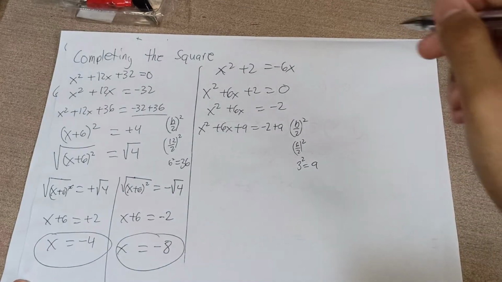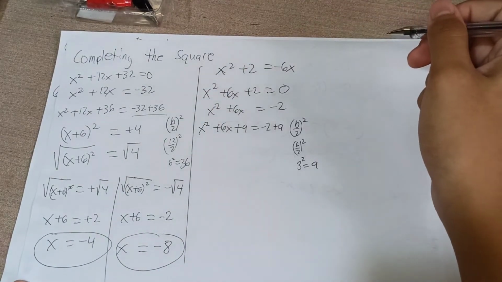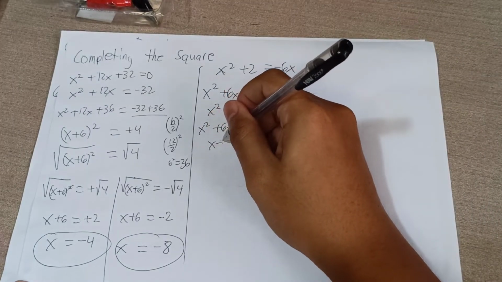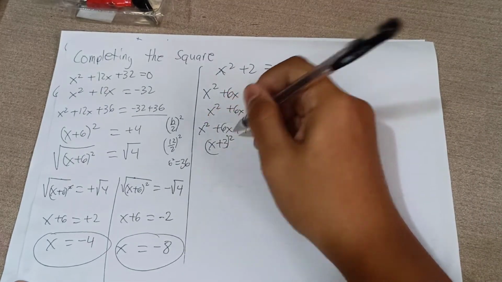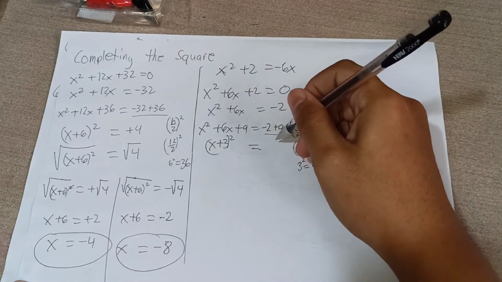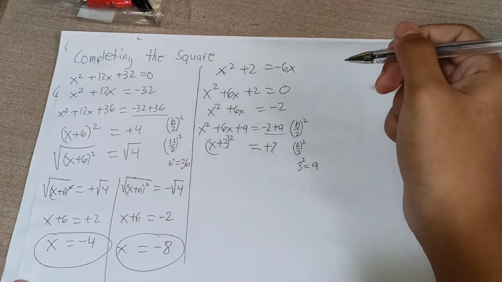Now we factor it again. So the final factor is x plus 3 squared, and when we simplify this, it will be positive 7.